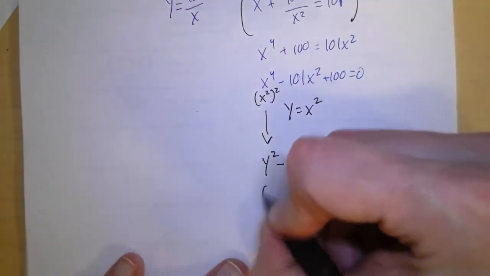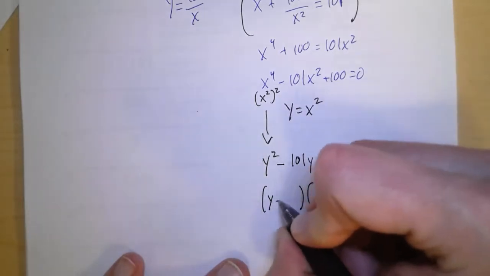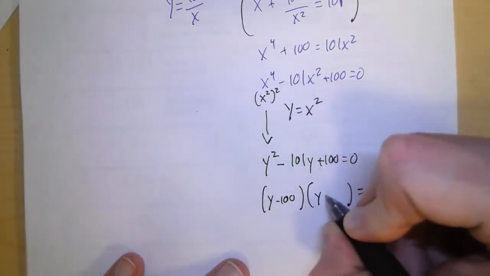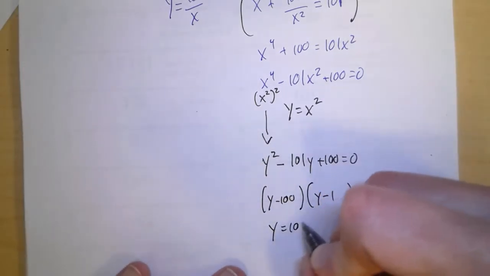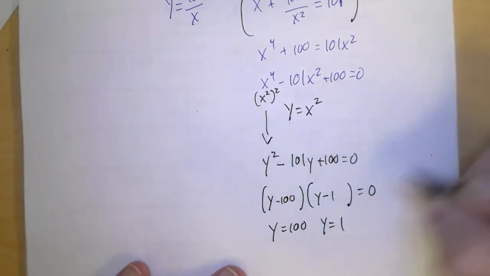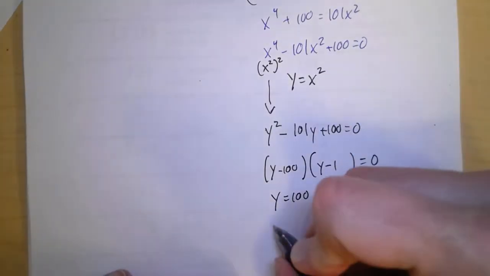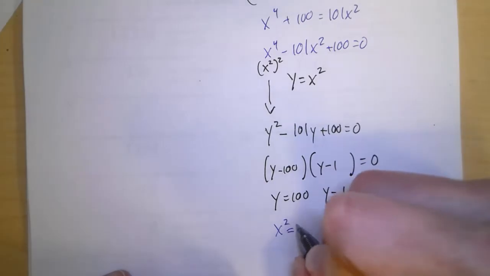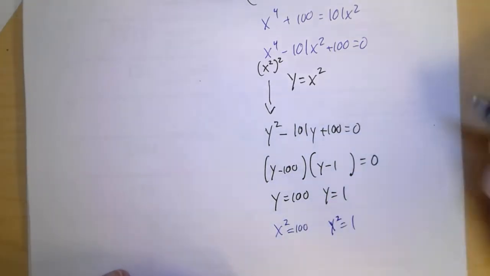Now this we can factor as (y minus 100)(y minus 1). So that means y equals 100 and y equals 1. So when we substitute x squared back in place, x squared equals 100 and x squared equals 1.